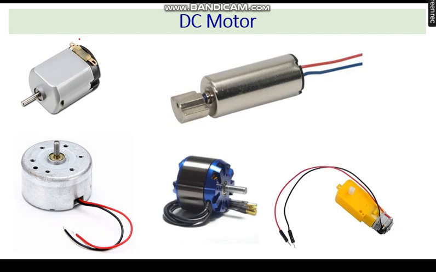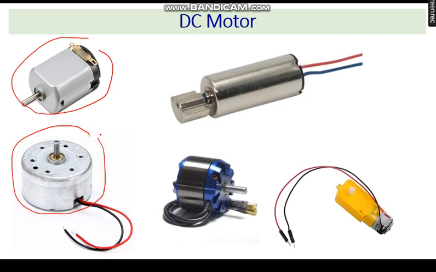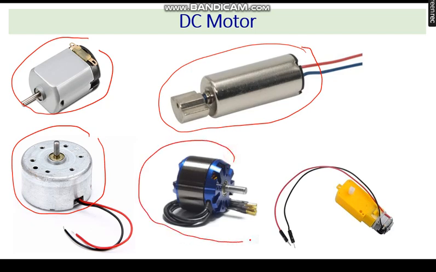These are different motors. This was a simple motor used for toy purposes. This is a motor used for a small fan. This was used in a mobile for vibrating purposes, and nowadays this type of DC motor is used in drones. This is also used for robot cars or toys.